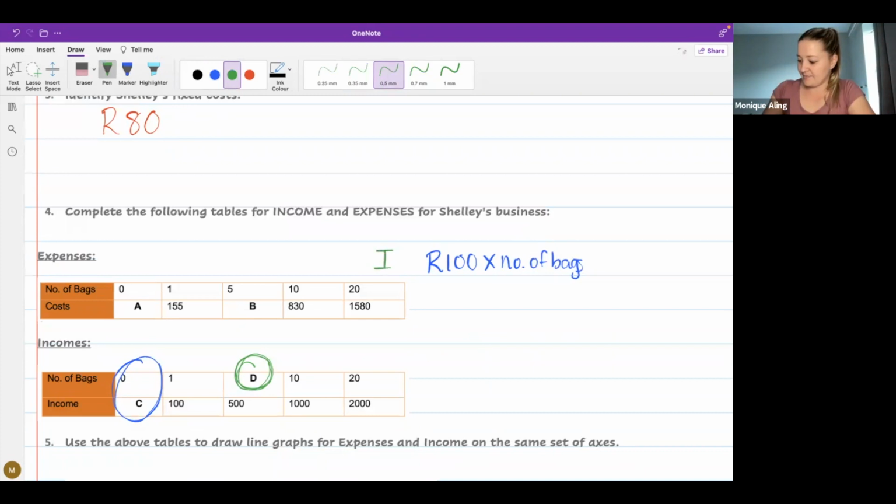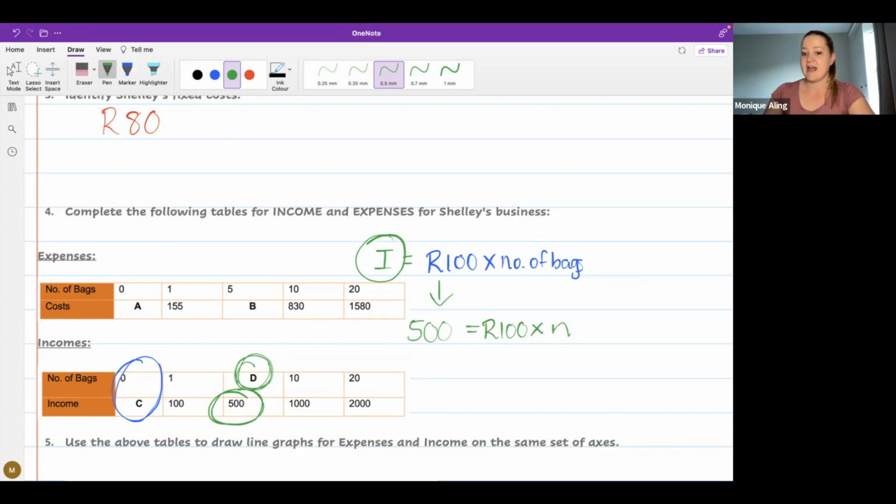So in this instance, we already have our income. Our income is 500 Rand. So looking at this exact formula, I'm going to substitute 500 Rand into where income is in the formula. 100 Rand, and instead of writing out number of bags, I'm just going to say times N for now.